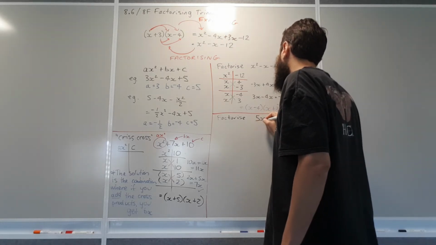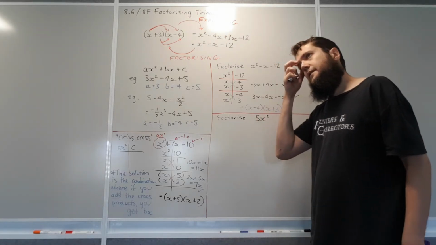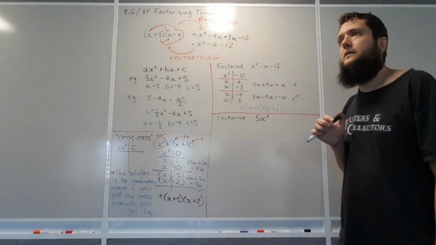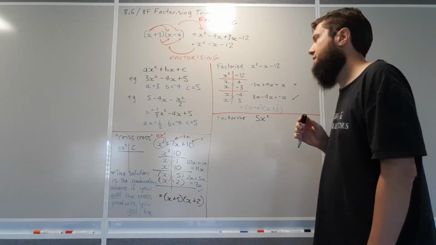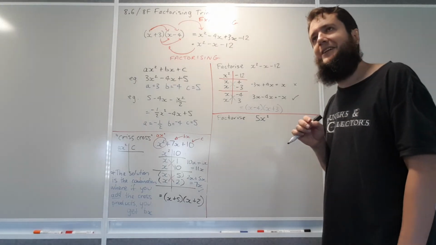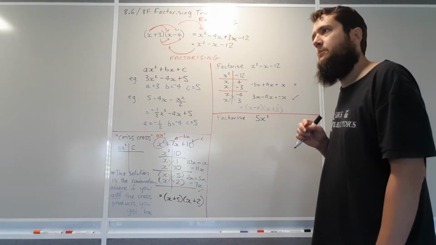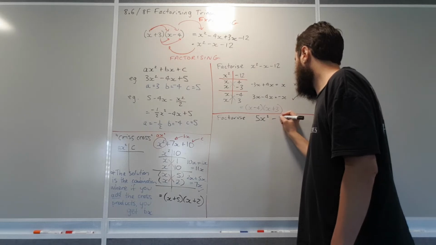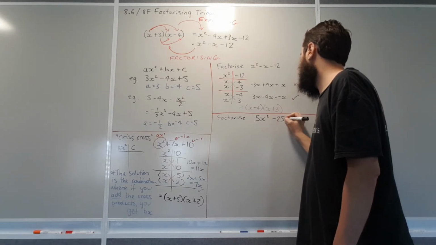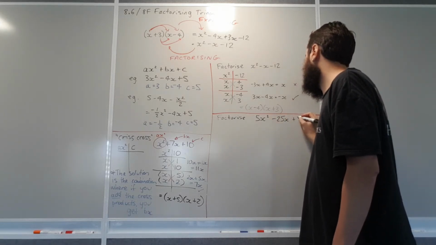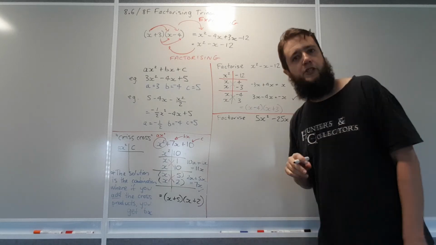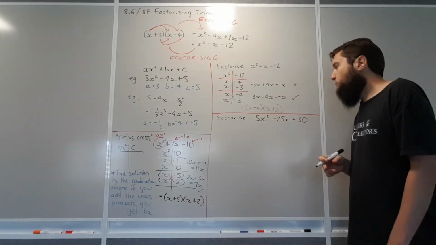Let's say 5x squared. There's something interesting I want to include in this one that I also have to think about. Unfortunately, I'm going to have to use my brain briefly for this one. It'll be subtract 25x plus 30, I think. Yeah, that should work. All right.